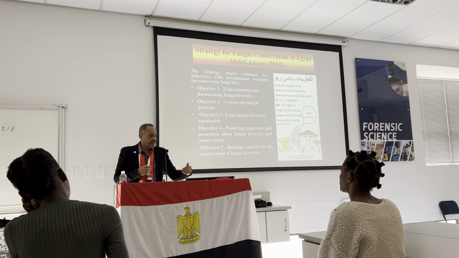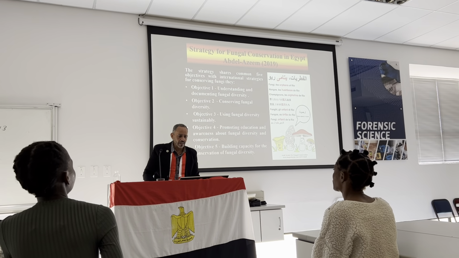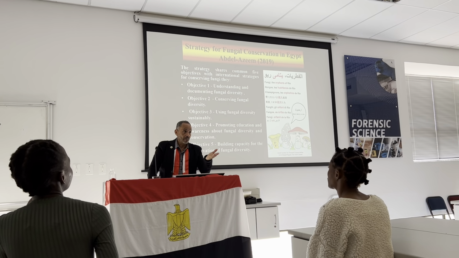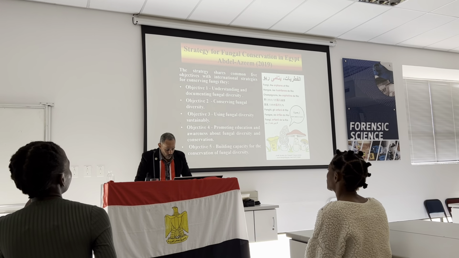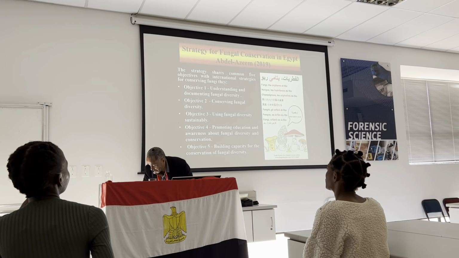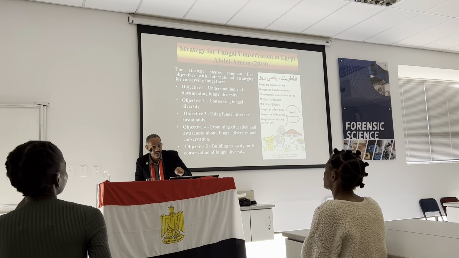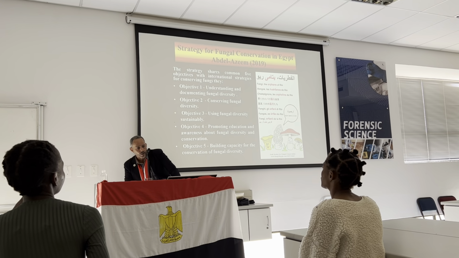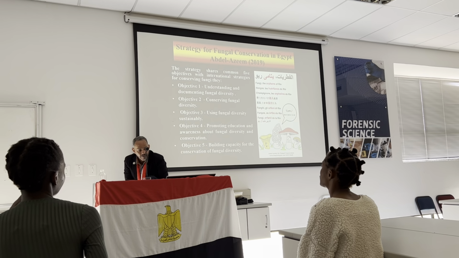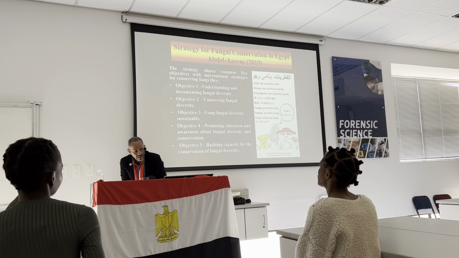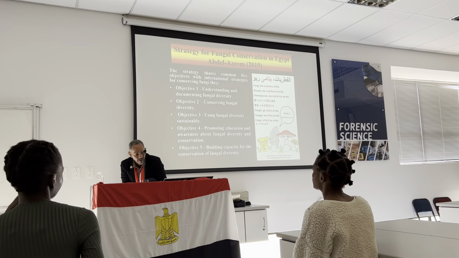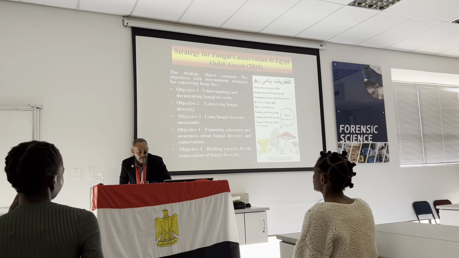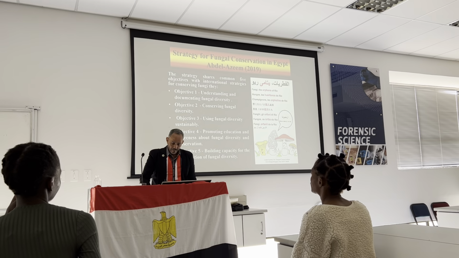So the strategy needed is understanding and documenting fungal diversity, and I hope everything is going great also with South Africa in these objectives: understanding and documenting fungal diversity, conserving fungal diversity, using fungal diversity sustainably, promoting education and awareness about fungal diversity, and building capacity for conservation of fungi.